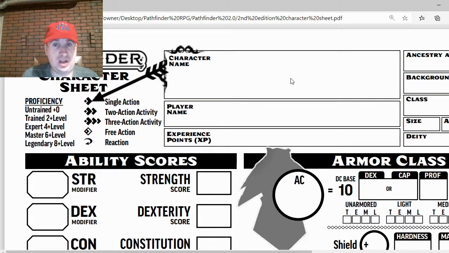Next to that on the character sheet, we have the action economy when playing this game. You get 3 actions on your turn. If you're looking in the book and the ability you want to use has the first symbol next to it, that means that takes one of your 3 actions that you get every turn to use.